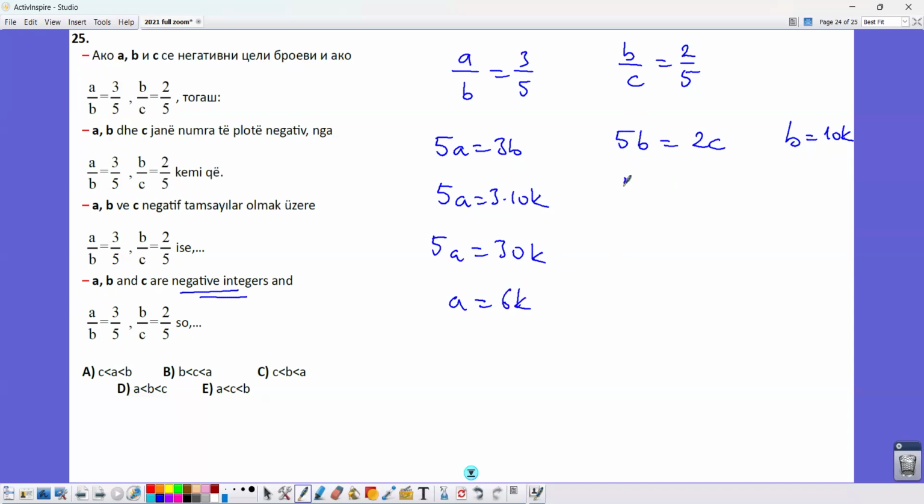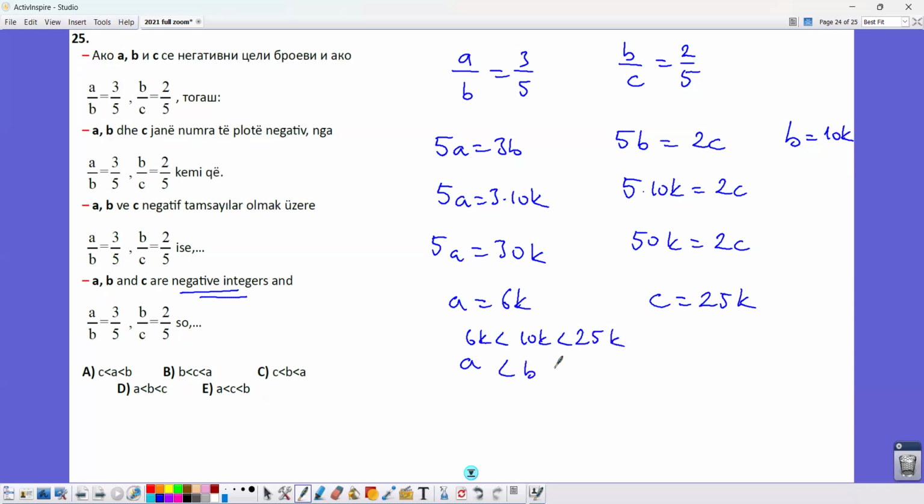And here 5 times 10k is equal to 2c. 50k is equal to 2c, then c is equal to 25k. According to this, which one is the smallest? A is the smallest one, 6k. 6k is smaller than 10k, and this one is smaller than 25k. So A is smaller than B, and B is smaller than C.